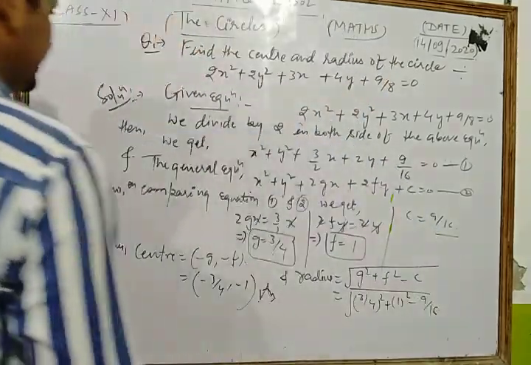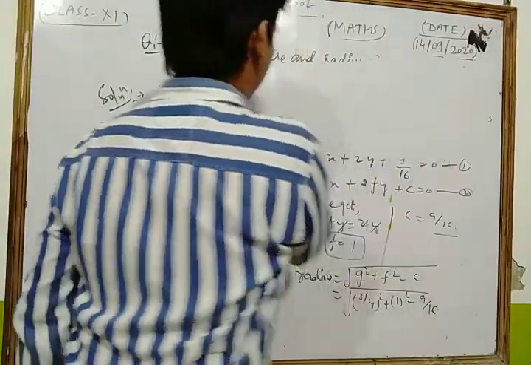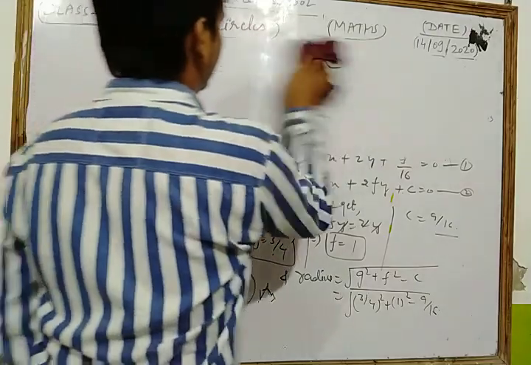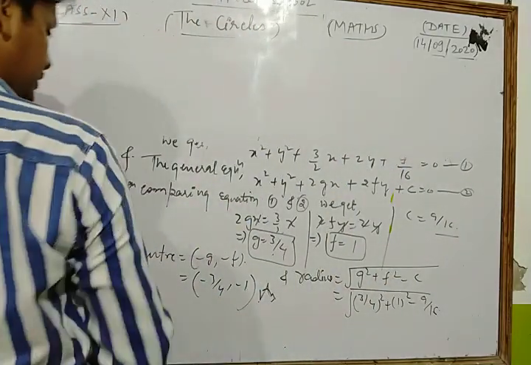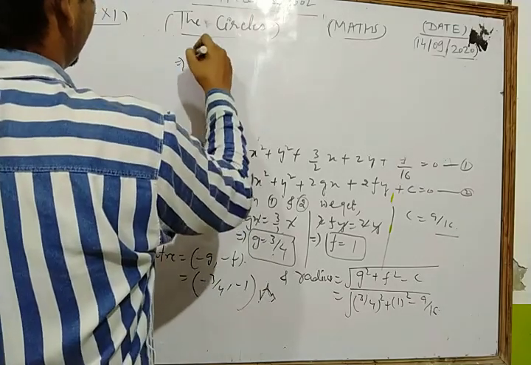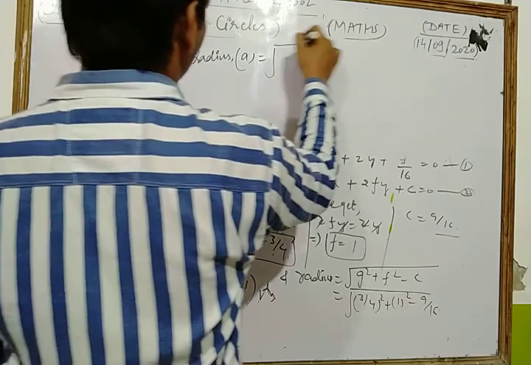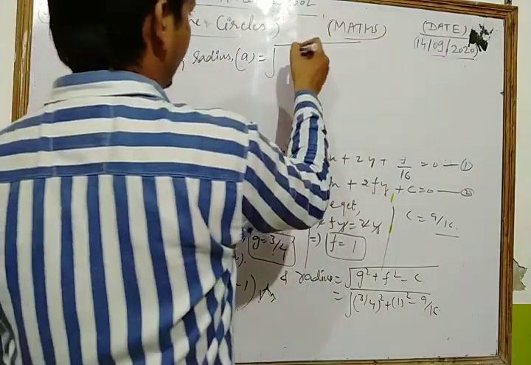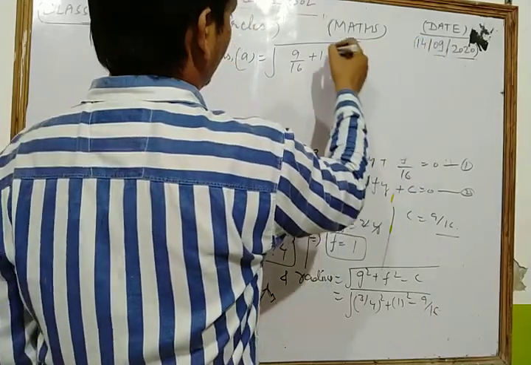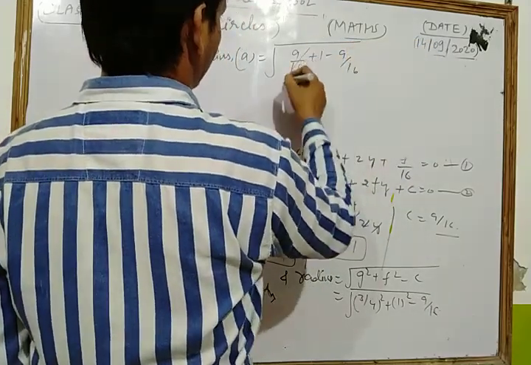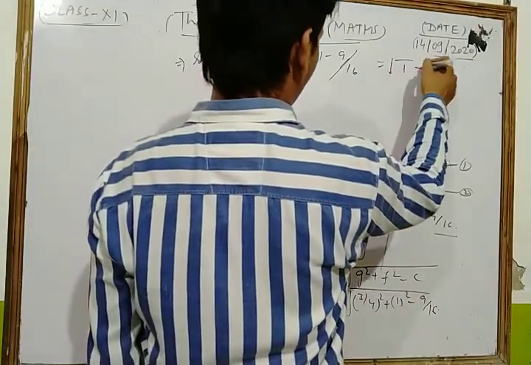Now we simplify: under root, 9/16 + 1 − 9/16. The 9/16 and −9/16 cancel each other, so in this way we get 1.